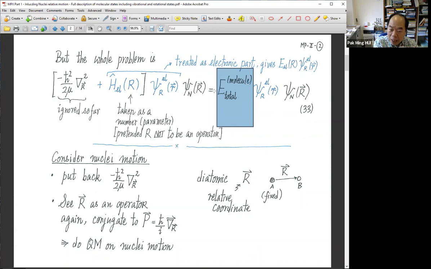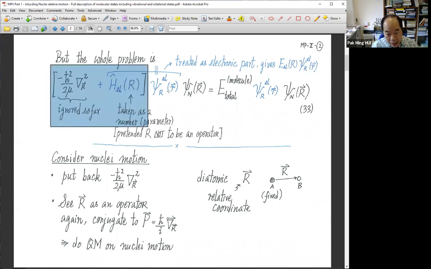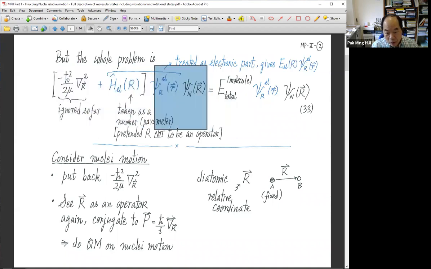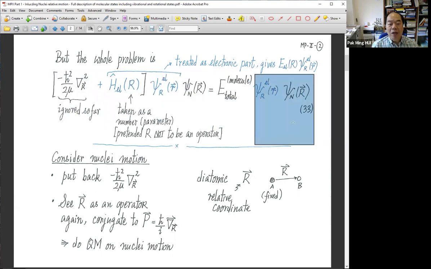Whenever we get some numbers, that signifies the molecule can take on that energy or the other number. It is about the whole molecule, not about the electrons only. We are going to do something including the nuclear motion. This is nothing but H psi equals eigenvalue times psi.